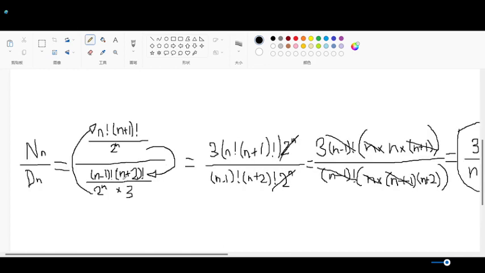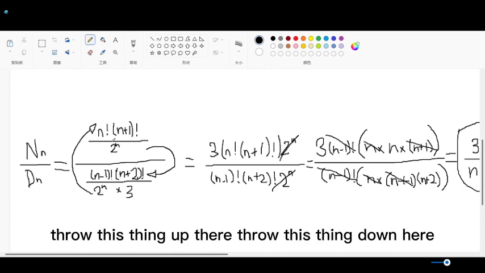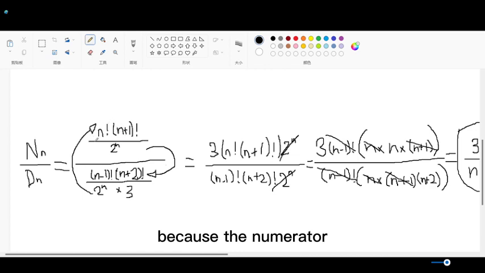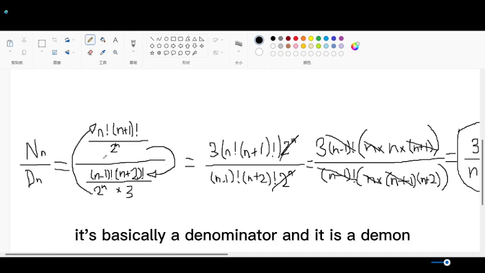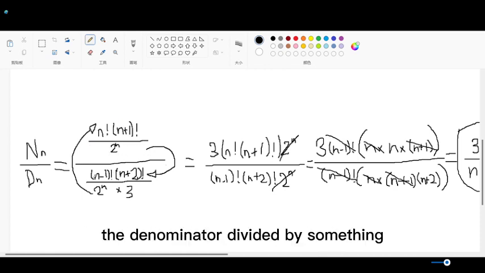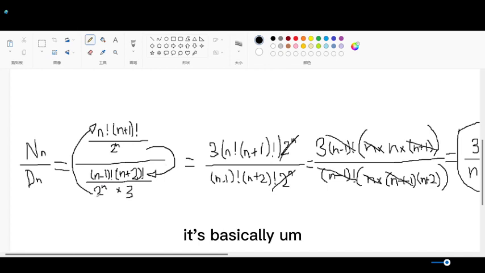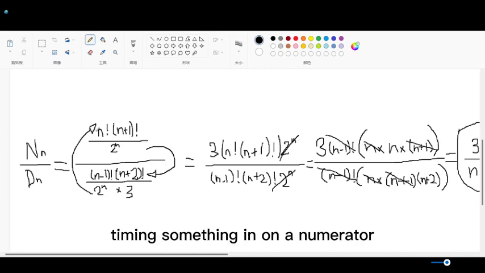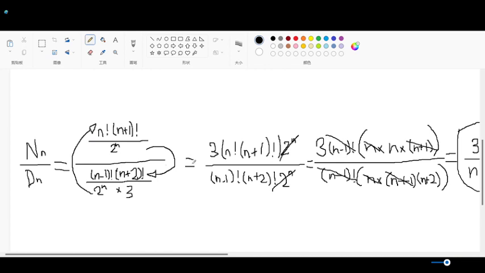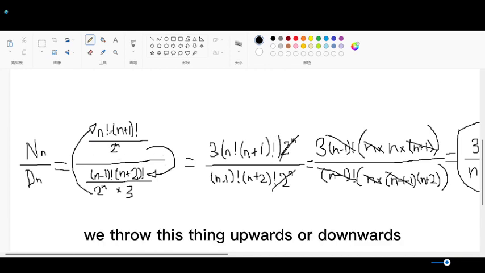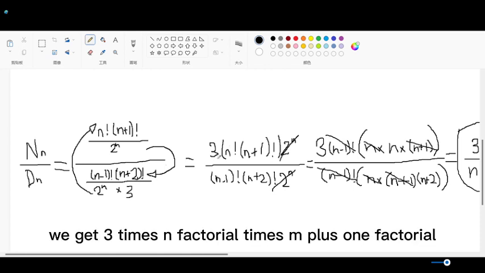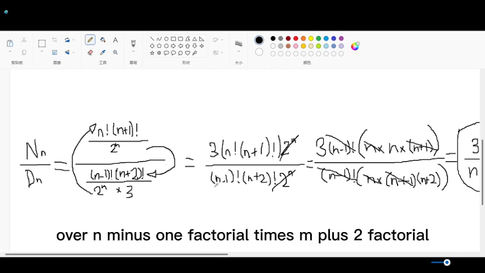Okay, so we can throw this thing up there and throw this thing down here, because if the numerator is divided by something, it's basically the denominator, and if the denominator is divided by something, it's basically multiplying something on the numerator. Just elementary math. We throw this thing upwards or downwards. We get 3 times n factorial times n plus 1 factorial over n minus 1 factorial times n plus 2 factorial.